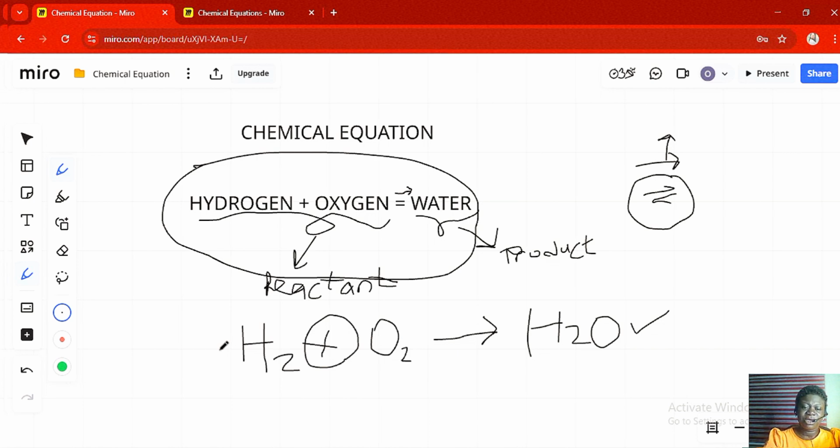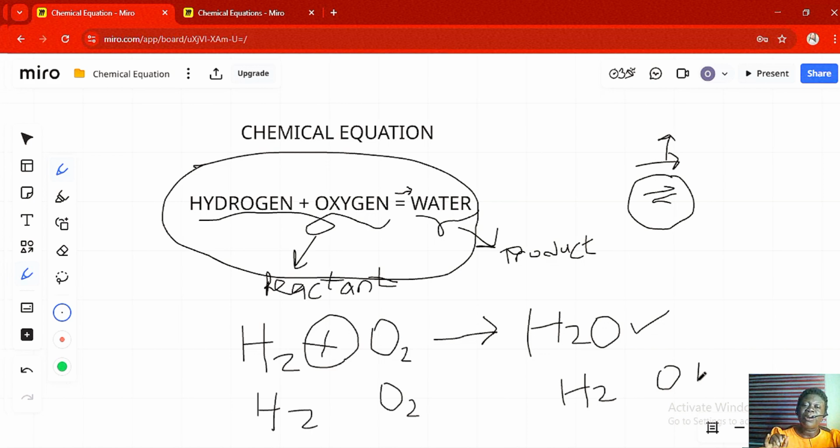If you look at this equation here, you will see hydrogen is 2 and oxygen is 2 at the reactant side. Hope you remember when I said the reactant and the product side. The reactants are the things coming together to form a product, right? Beautiful. So if you look at the product side, you will see that we have hydrogen 2 and we have oxygen 1.